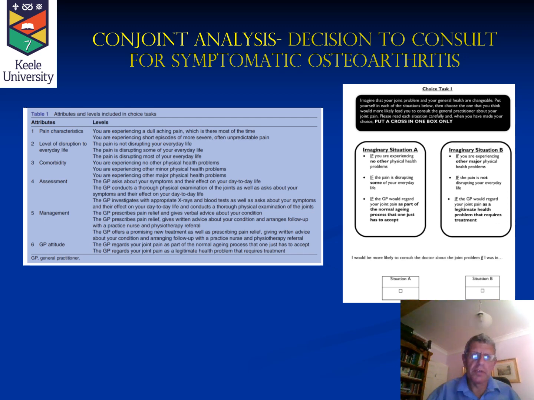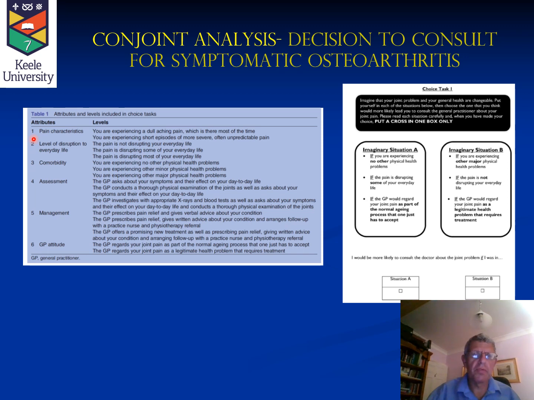Before we look at the results of the systematic review, we'll just have a quick look at conjoint analysis. So, as we said, we're looking at how people make a decision to consult for systematic osteoarthritis. And in the actual study that we conducted, we looked at 6 characteristics. There were different levels associated with each characteristic.